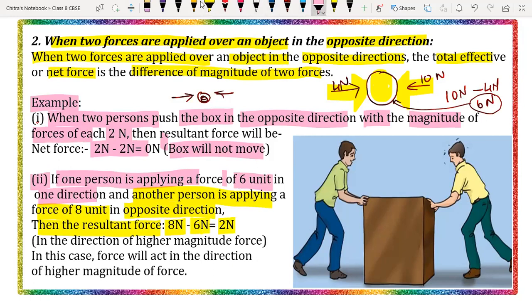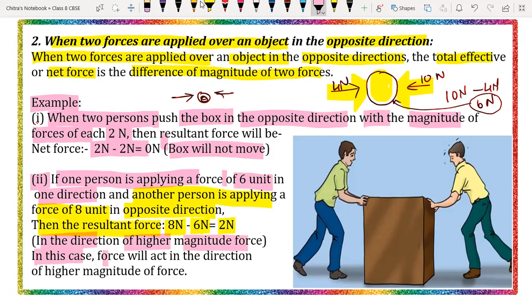As we can see here, if forces are applied from both sides, opposite to each other, then the resultant force will be the difference between the applied forces. We subtract the smaller number from the larger number, and the answer we get is the resultant or net force applied on the object, in the direction of the higher magnitude force.